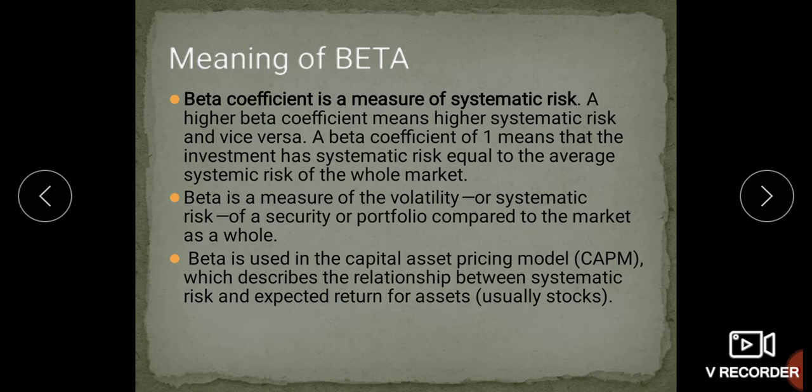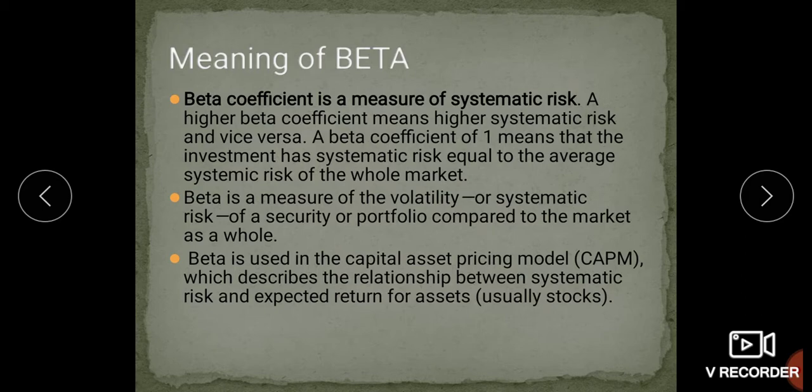Actually, the beta of a particular share or stock is a comparison to the systematic risk, or the beta, of the whole market. We are comparing the systematic risk of a particular share and the systematic risk of the market. If the beta coefficient is 1, the systematic risk of the share is almost equal to the average systematic risk of the whole market.